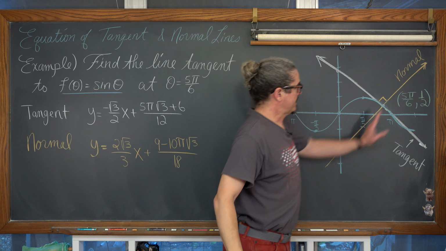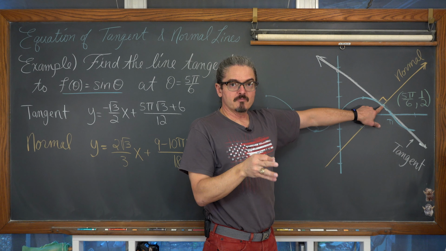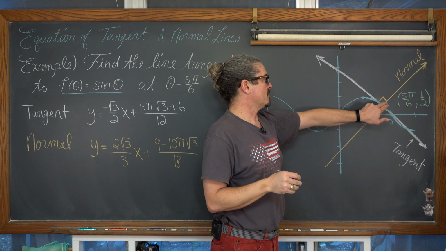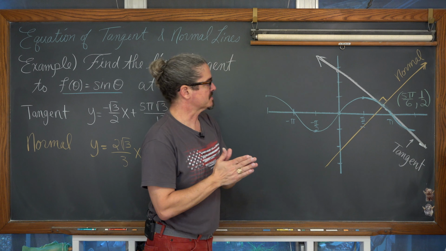And then you have that normal line, which is intersecting the sine wave, but with a slope which is an opposite reciprocal of the instantaneous rate of change of sine when theta is equal to 5 pi over 6.